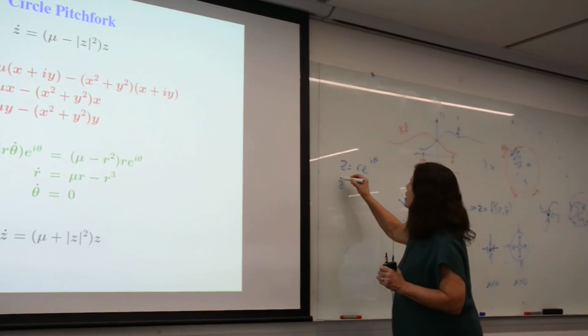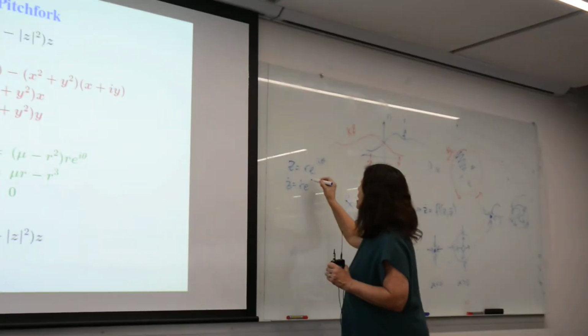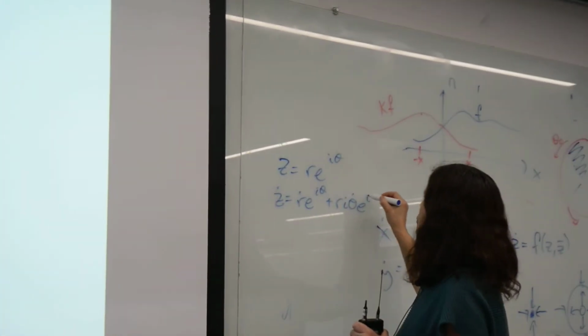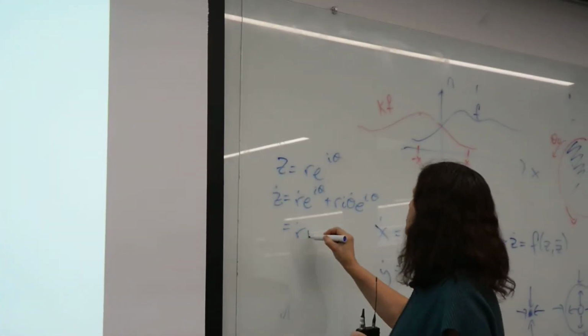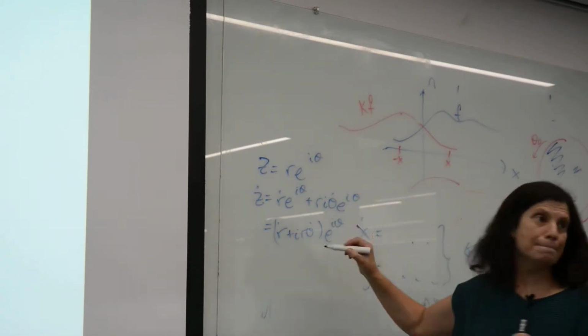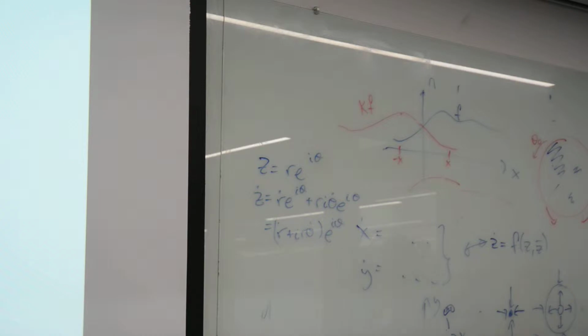then z dot is equal to r dot e to the i theta plus r i theta dot e to the i theta, or r dot plus i r theta dot, times e to the i theta. And that's just what's written in that green expression.